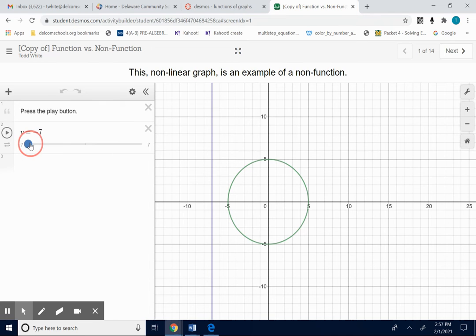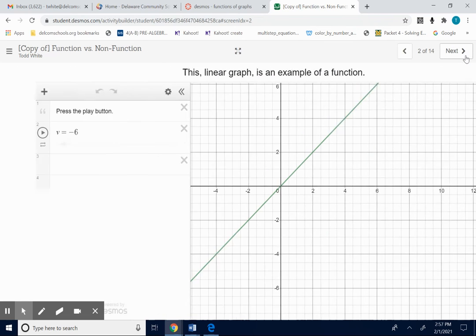You're going to be using this little scroll bar here, and you can tell when you go across this function that there are lots and lots of places where you're passing 2 points. See, there's oodles of them. Because my vertical line crosses the graph more than one time, it just has to be at one place, but it's doing it a bunch of times. Because this vertical line crosses the graph more than once, it's not a function.